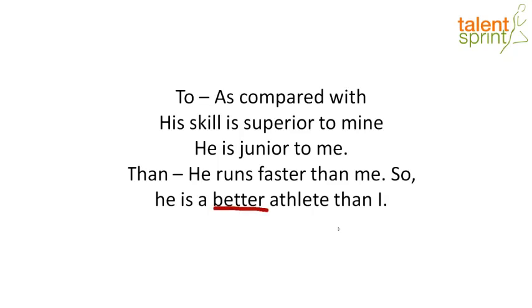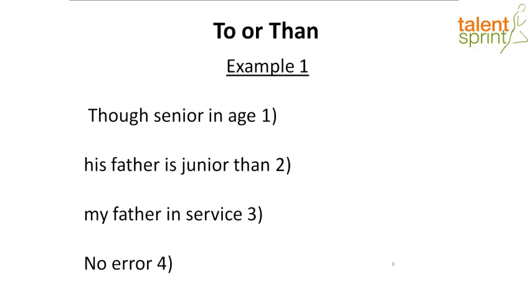Now let's go back and look at our first example and see should it be "to" or should it be "then". Alright, so in our example 1, though senior in age, his father is junior than my father in service. There you go. So you have your answer right there, right? We just saw the difference between "to" and "then". In that example sentence, there is comparison happening as compared with my father.